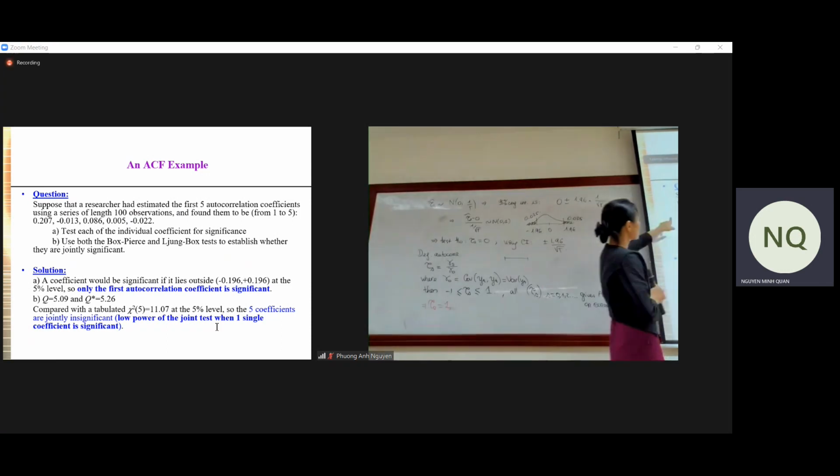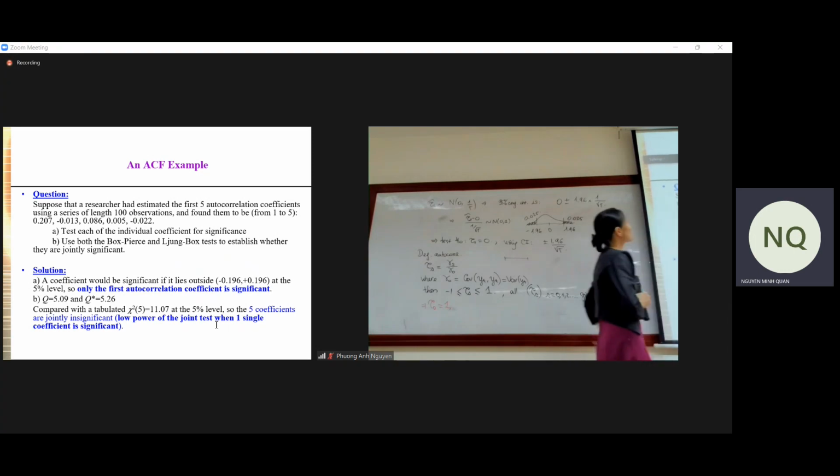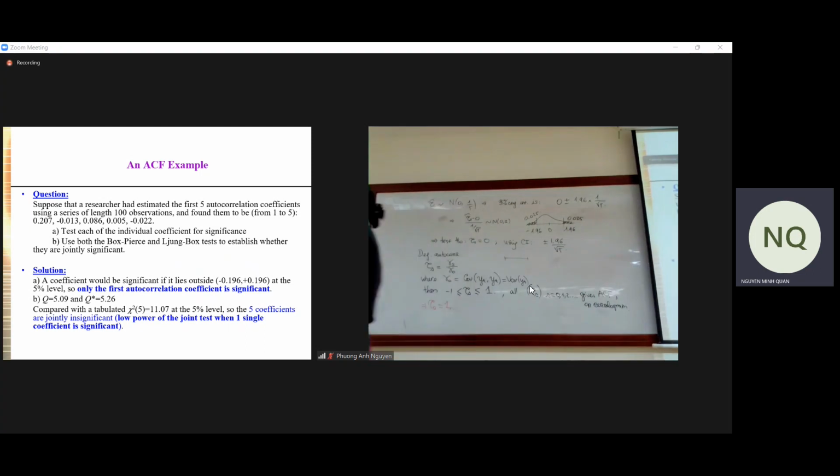So you can see tau 1 hat, hat because it's calculated from the sample, tau 2 hat, tau 3 hat, 4 and 5. First of all, we want to test each of them equal to 0. In this case, you can use a single test based on the confidence interval. And next, you can use the joint test.